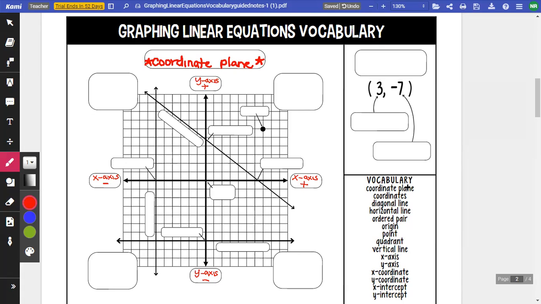Anyway, next thing we're going to label are our lines. Remember, we studied this already. This is our horizontal line. Probably should have gone with something different. Horizontal line. That is ugly.